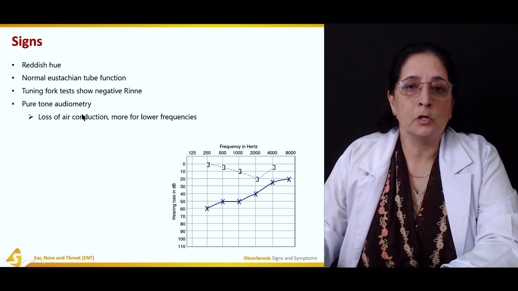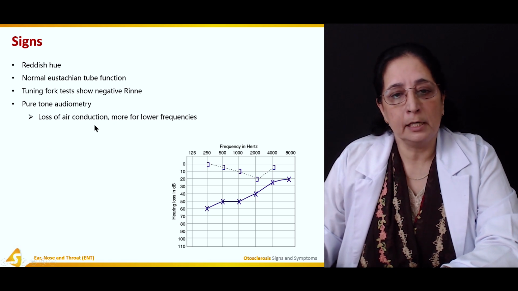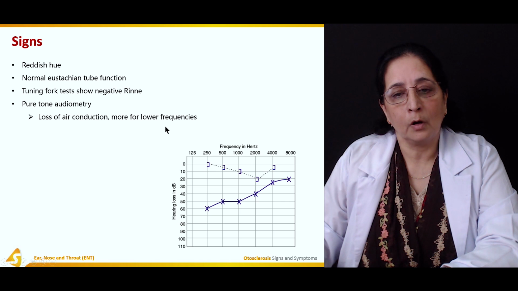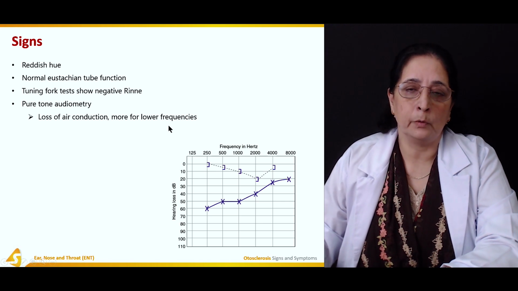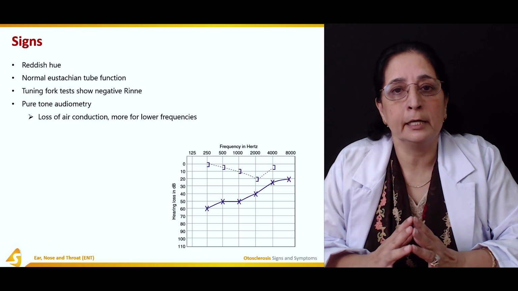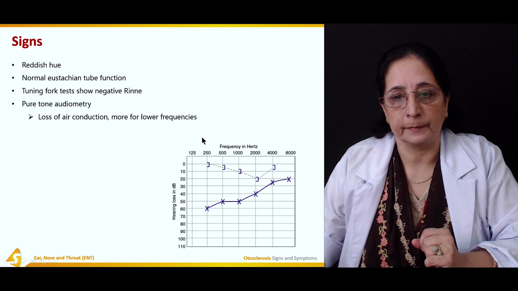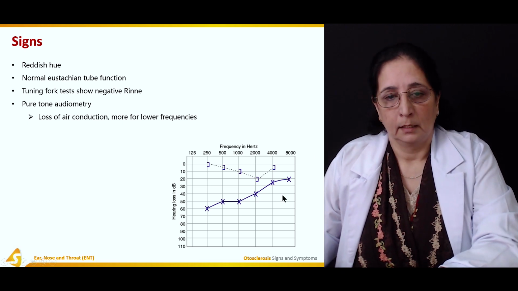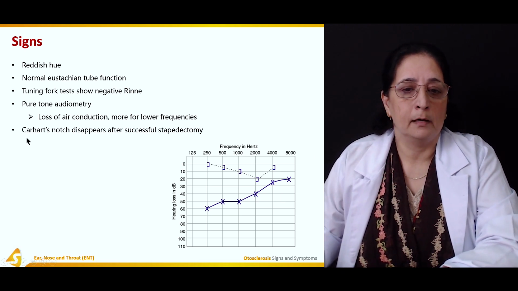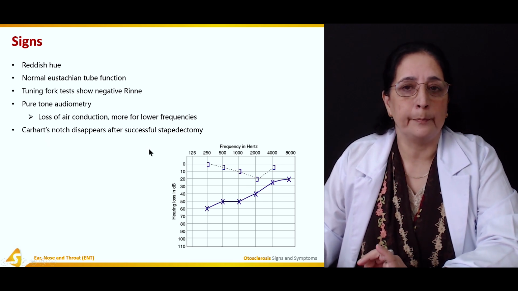Then pure tone audiometry, there is loss of air conduction, more for low frequencies. So as the low frequencies are used, air conduction is lost. Also, Carhart's notch disappears after successful stapedectomy.